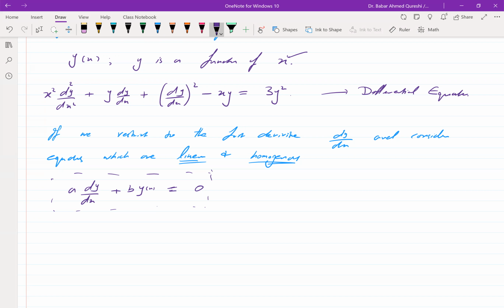You can solve somewhat more complicated equations using the methods of linear algebra, but I will only concentrate on these kinds of equations. I'll complicate it a little bit though.